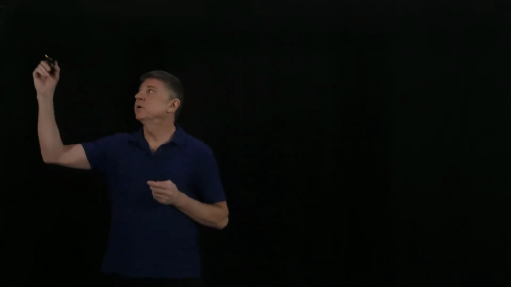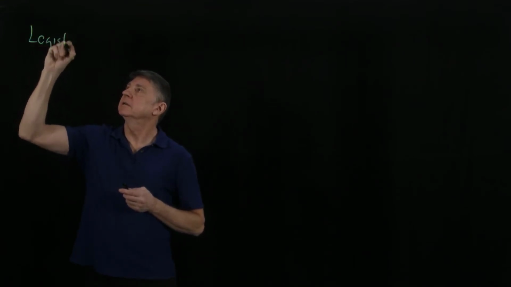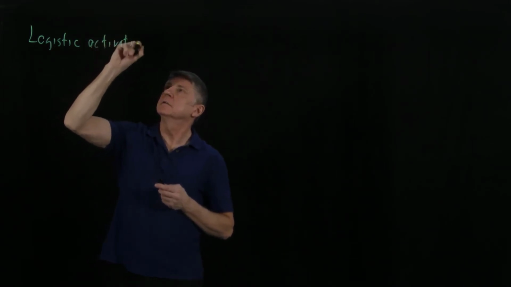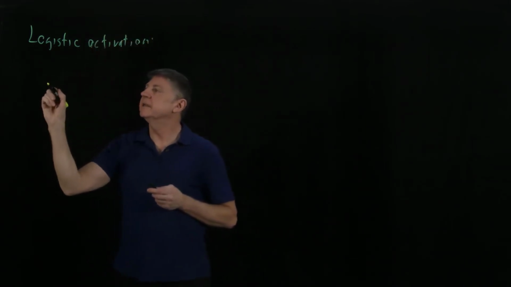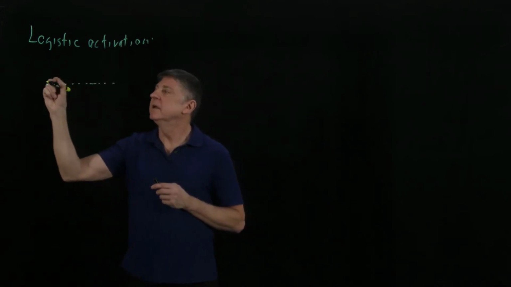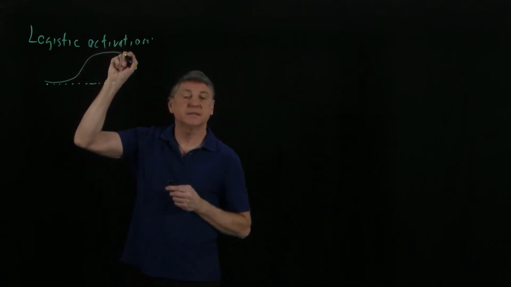By nonlinear or logistic activation, what we mean is that it will be a sigmoid curve. So the logistic activation looks like this. If this is the score of our data, then it will look something like this.